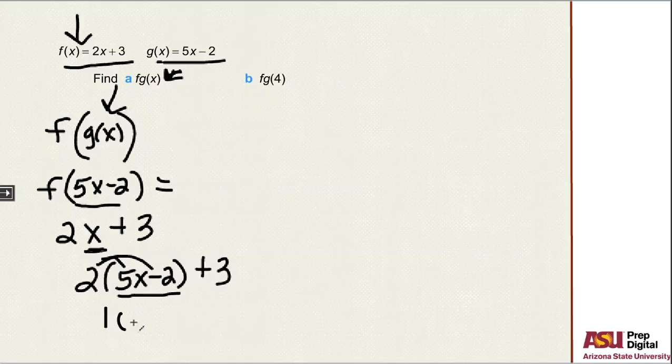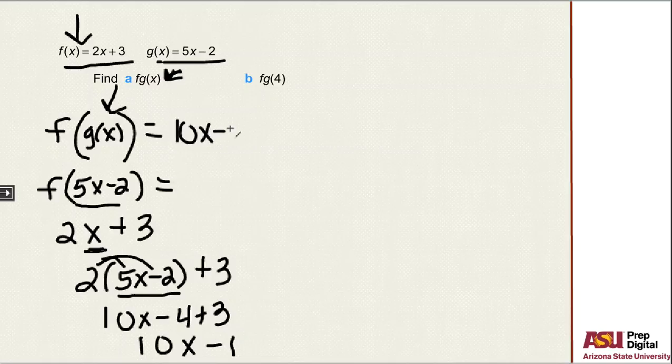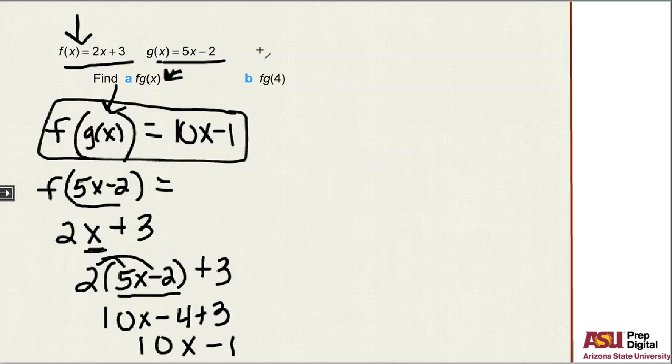So I get 10x minus 4 plus 3. And so my final result, f of g of x, is equal to 10x minus 1. Okay, so that's my new rule. f of g of x is 10x minus 1.